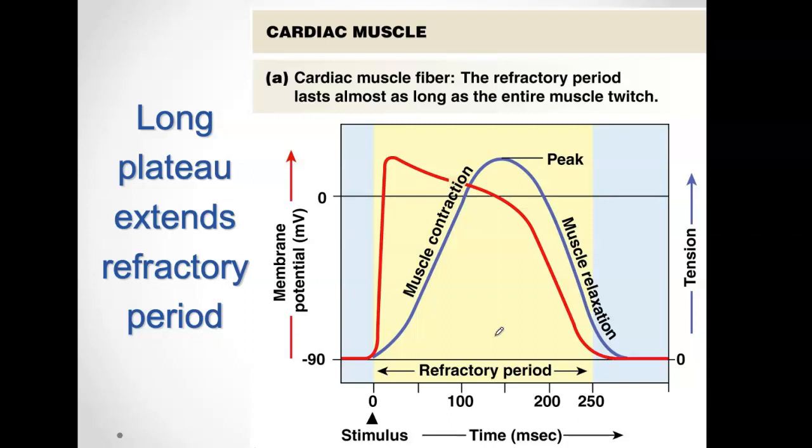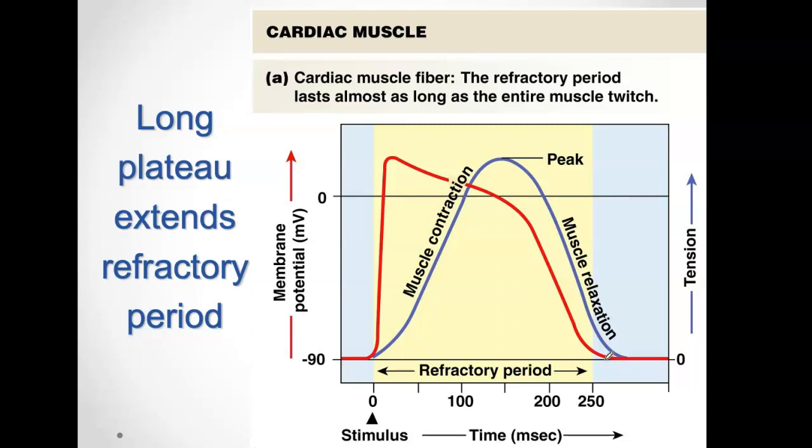You don't want that to happen in the heart because you would create tetany. Remember tetanus? You would create tetanus in the heart, which means that instead of lub-dub, you would have lub, and it would stick there, right? And you would have this contraction that didn't release. Therefore, you have to have an action potential that lasts approximately the entire contraction and relaxation time of the actual muscle so that they're in sync.